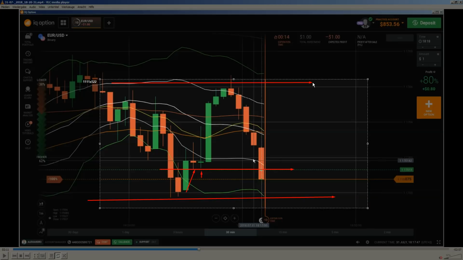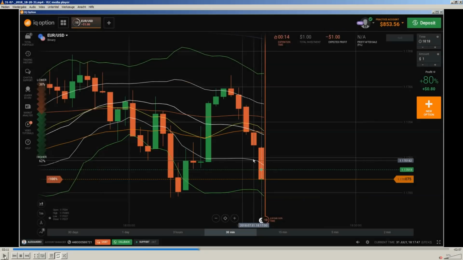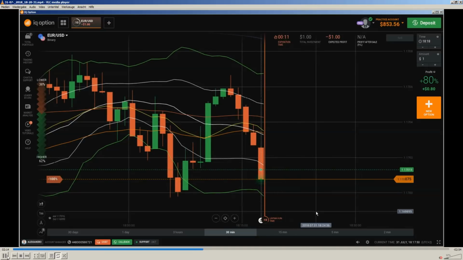So I was expecting that this resistance level would hold. And because we got already 2 wicks here that showed me a strong support level, I entered on the last second of the purchase time into this call trade. That is what I have seen, what I have maybe also explained in this video.